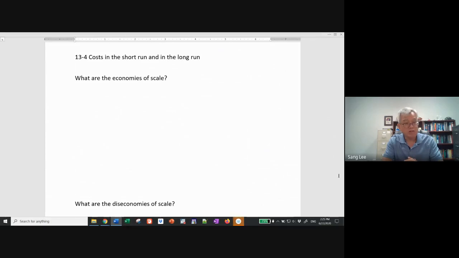But in the long run, over what? Extended time period, you can easily what? Expand the size of factory. You can easily what? When you build a bigger factory, then what? Of course, you can have what? More machines installed. Okay. So here, in this final section, we're going to talk about cost in the long run.